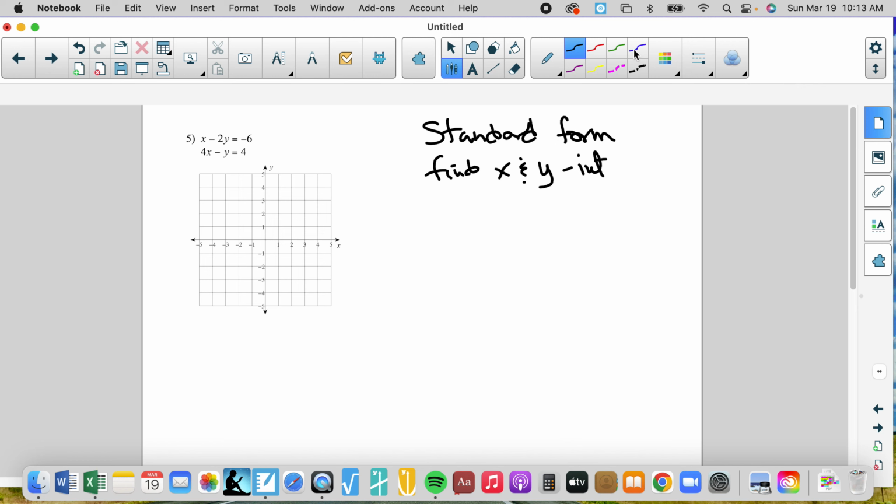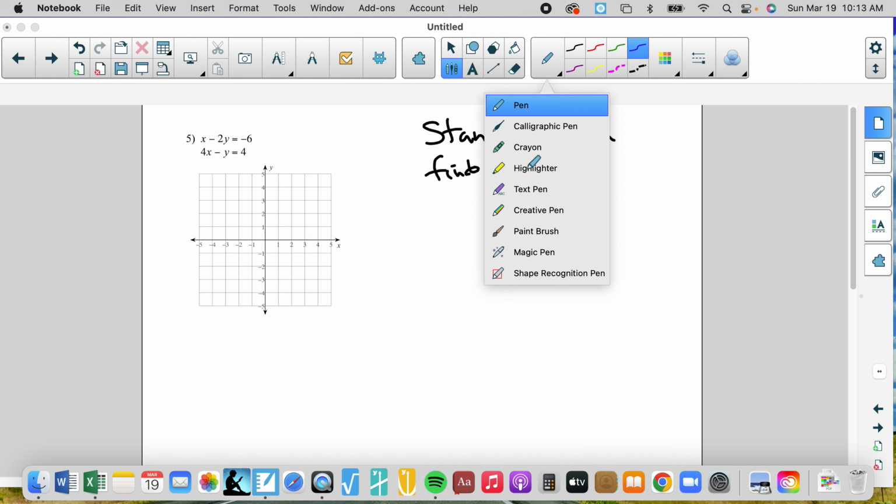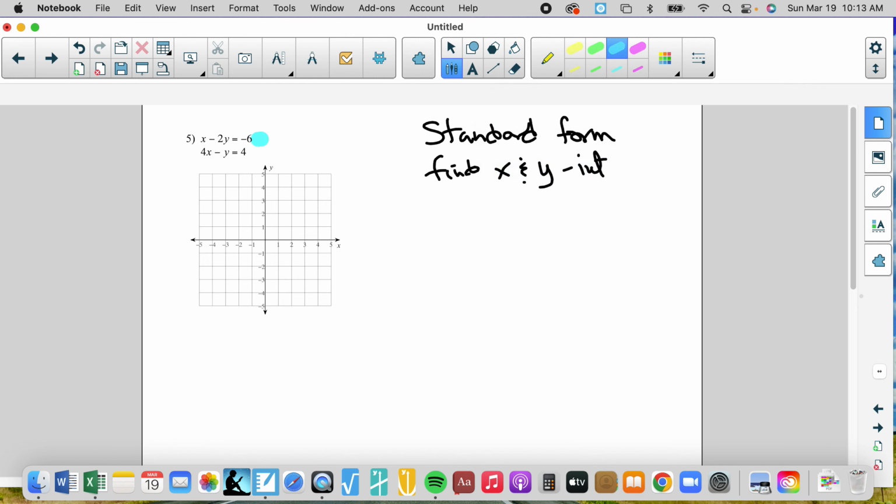So let's take the first equation, and I'm going to cover up the y value and its coefficient, -2y. I'm going to cover that up, and that leaves me with x equals -6. So I know my x-intercept is -6.